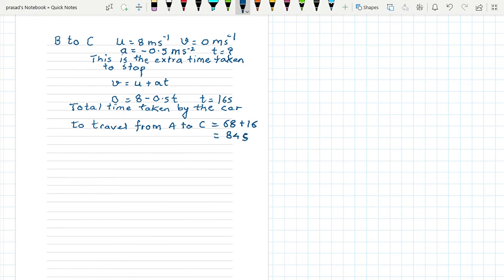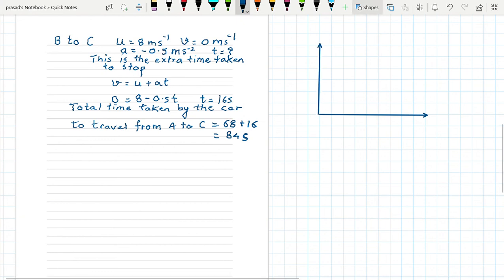So if I sketch this graph again, it will be like this. So I'm going to get a full trapezium.